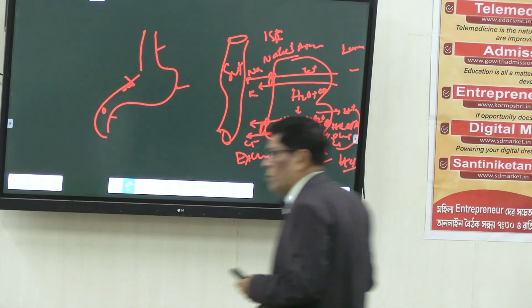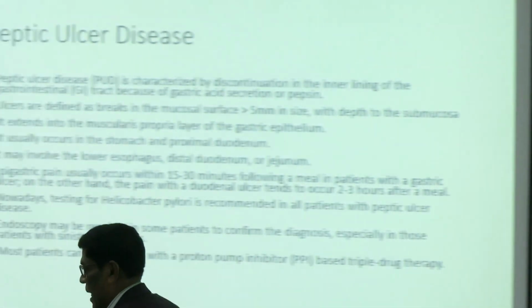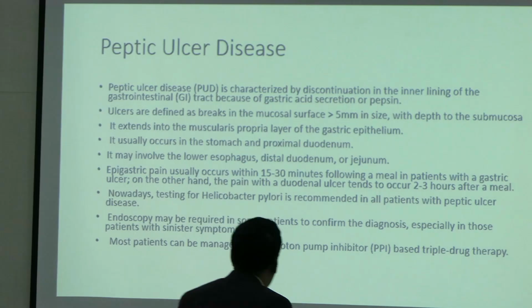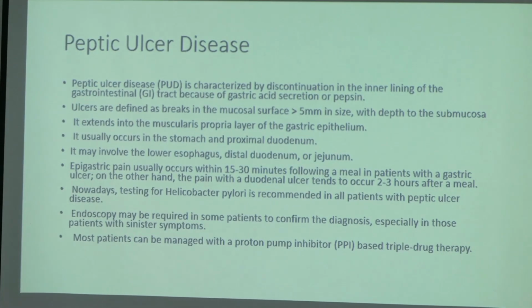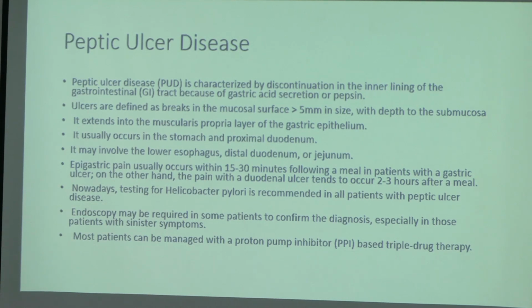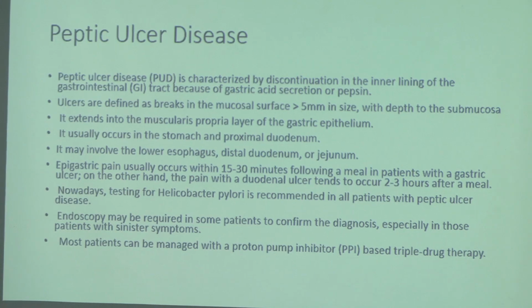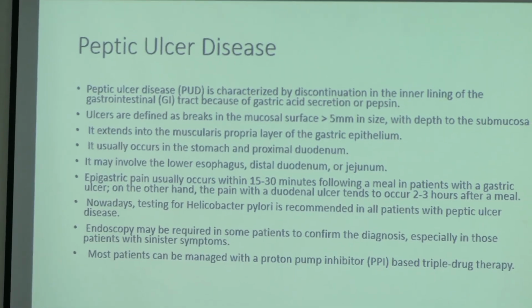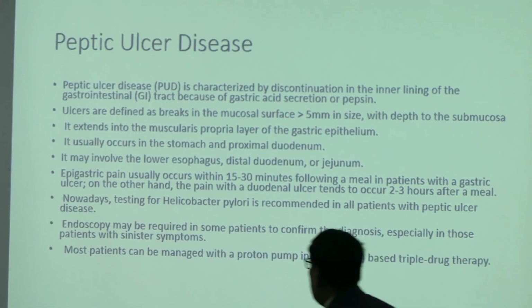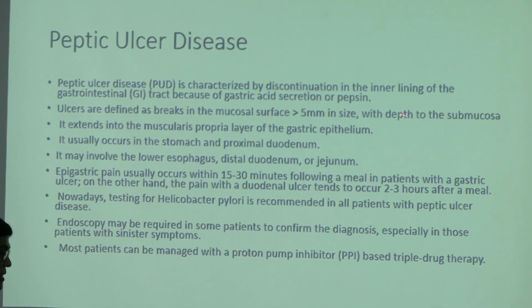Alright. So we'll go through the slides. Let us see what they say. Peptic ulcer is a disease characterized by discontinuation of the inner lining of the gastrointestinal tract because of gastric acid secretion or pepsin. Ulcers are defined as, you note it down, breaks in the mucosal surface more than 5 mm in size.